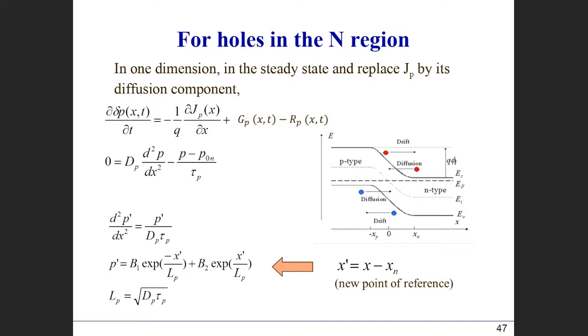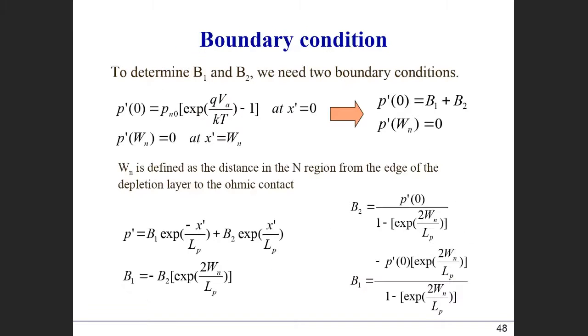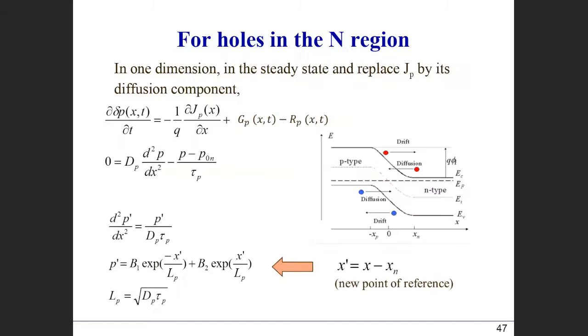So if we do that in here, now this equation, as I mentioned, this term is going to be 0 because of steady state. And then JP, we replace with a diffusion component. Okay.